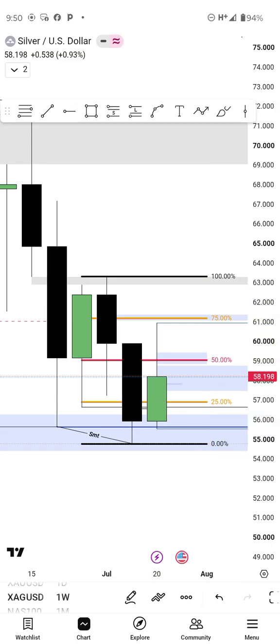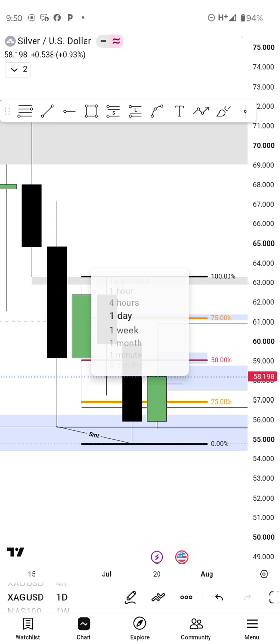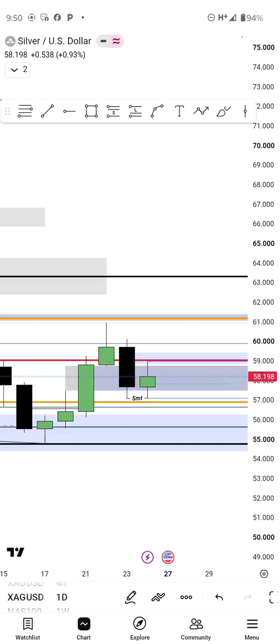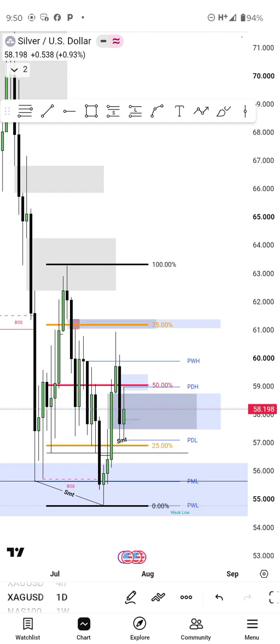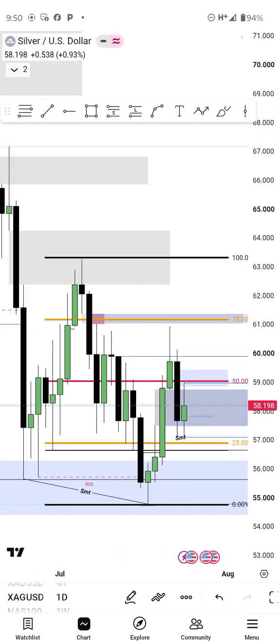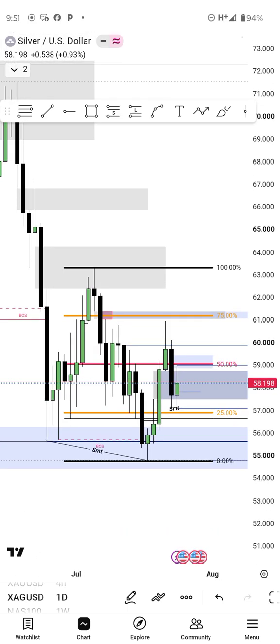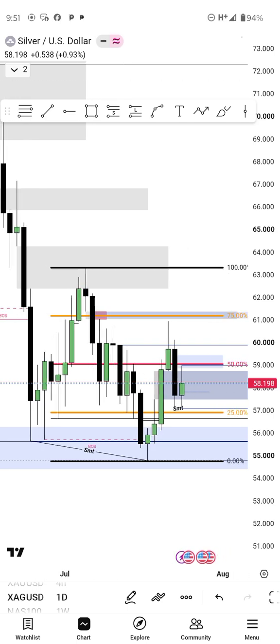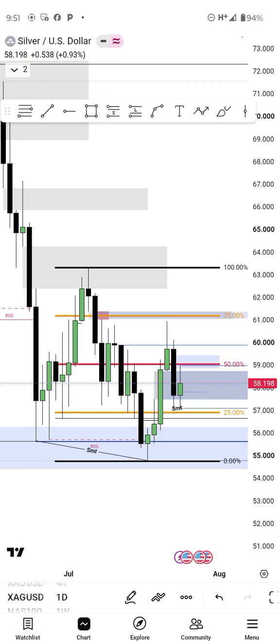So if we go to the daily time frame, you could see that we can see so many things over here. Price went up to the 50% and reversed to the downside.